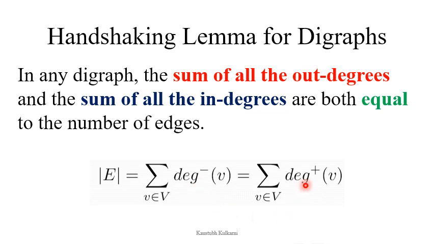Handshaking lemma for undirected was taking the sum of all degrees, which is equal to twice the number of edges. Here, each sum is equal to mod E, the number of edges in E. So if you add these two things up, it will be twice E.